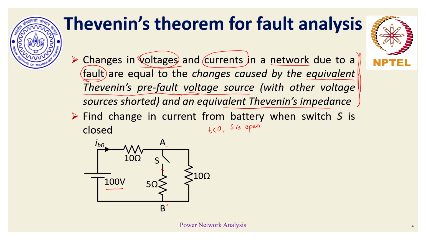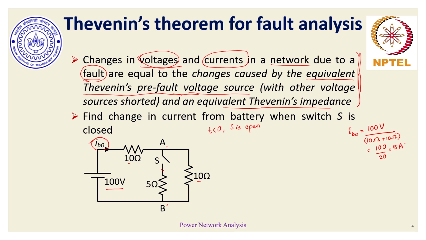The actual current present in the circuit before the switch S is closed is IB0, which is the source current. By applying KVL, IB0 is equal to 100 volt divided by the first series impedance of 10 ohm plus the second series impedance of 10 ohm, which is 100 by 20, equal to 5 ampere.